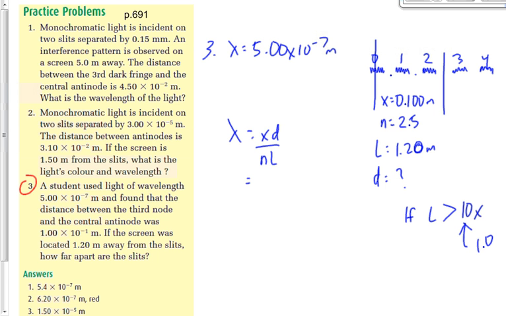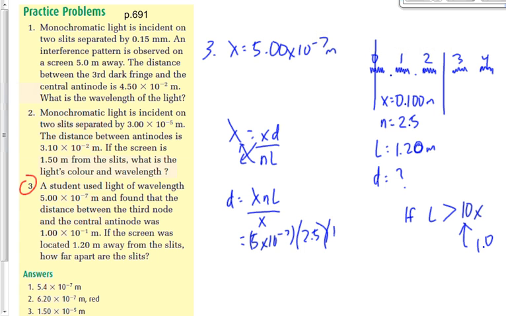X is 0.100. D, sorry, we're looking for D, aren't we? So we've got to rearrange that equation to solve for D. The NL goes up, the X goes down: lambda times N times L over X. Lambda is 5 times 10 to the minus 7. N is 2.5.